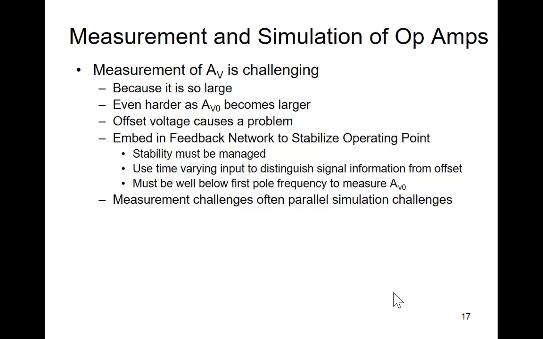Where's the pole of that amplifier? Of a typical amplifier, the 741 we looked at in the laboratory. Is the pole usually at the unity gain frequency? No. There's a low frequency pole and a high one.